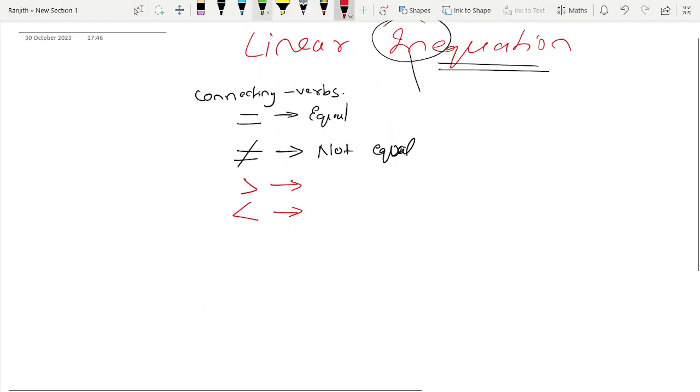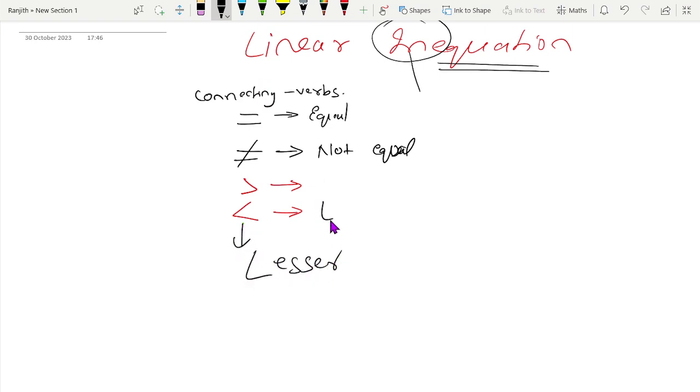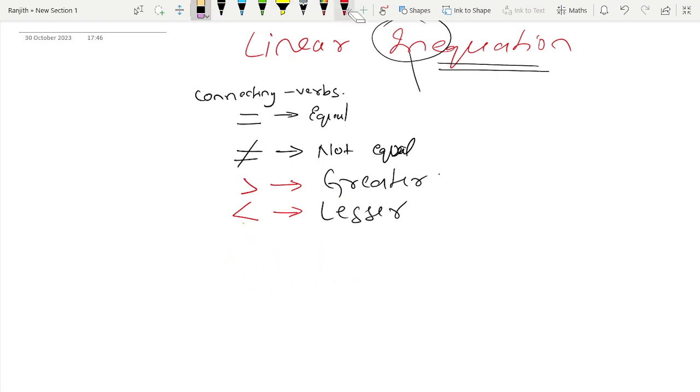Greater. Even last year I taught you all, right? This looks like L, lesser. So this is the lesser symbol, and the first one is greater. So greater, lesser, equal to, not equal to.